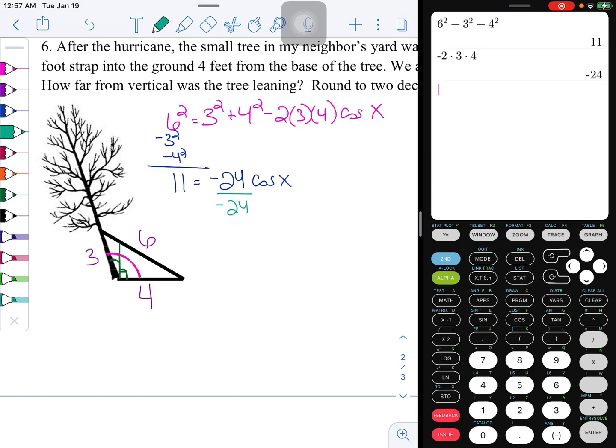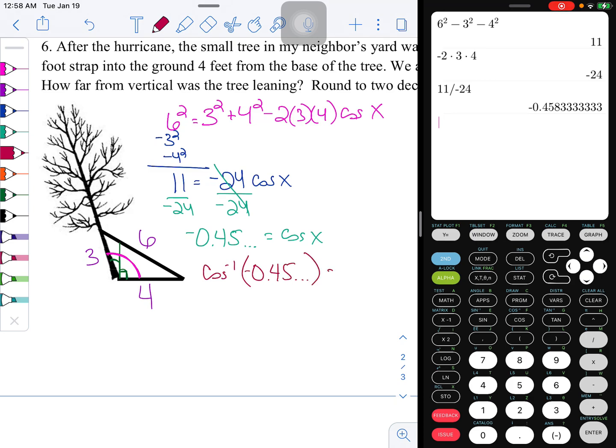I'm going to divide both sides by negative 24. So 11 divided by negative 24 is going to equal negative 0.45 and some other stuff after that, cosine of x. I'm going to take the inverse cosine of both sides. And I just lost my negative, so let me put that back.